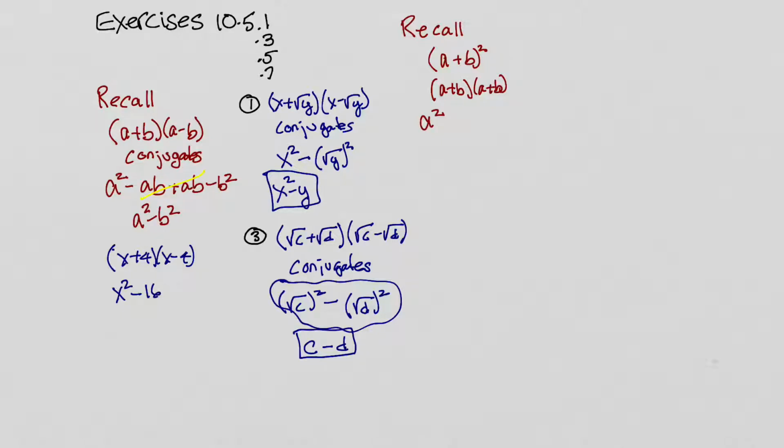The outer product here is ab. The inner product is another ab. And the last is b squared. Now what we've got are two of those, so we're going to have a squared plus two ab's plus b squared. So there's our quick rule for this.